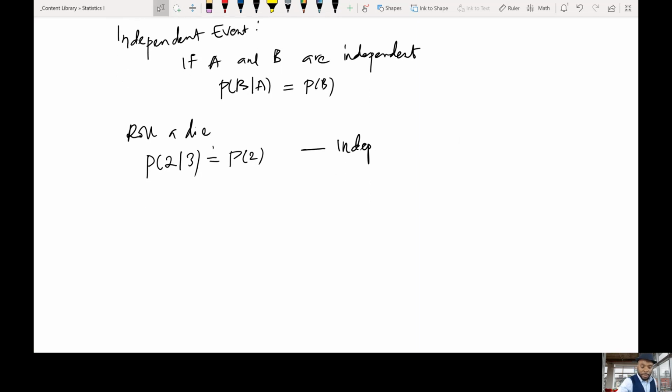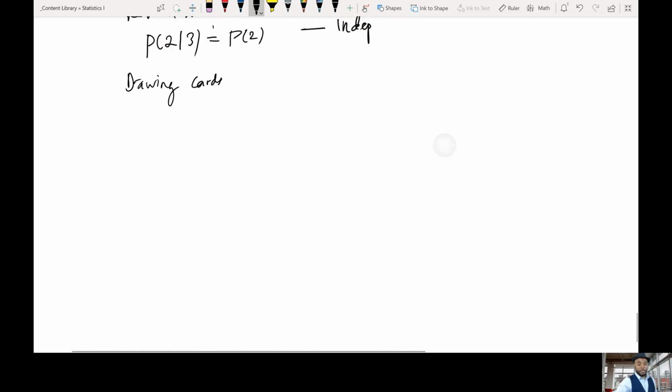Now let's look at another example, drawing cards. And of course, you can apply this to different business contexts. So let's say, what's the probability of drawing a queen, given that we have drawn a 9 with replacement?